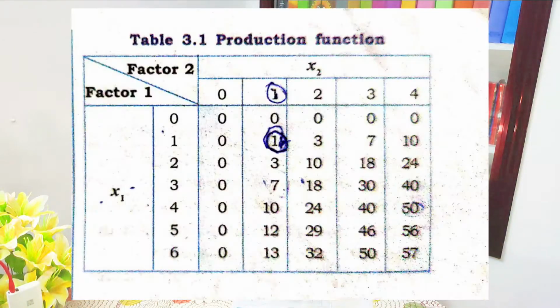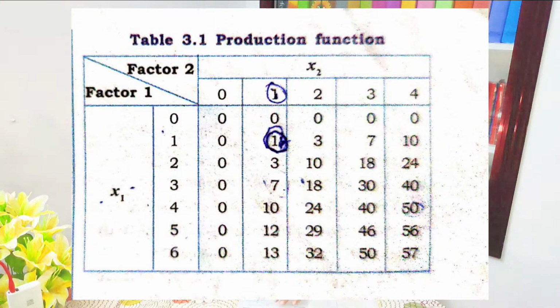Production function. There are 2 factors, factor 1 and factor 2. Factor 1 is denoted by x1 and factor 2 is denoted by x2. This table gives the various input combinations and quantities of output which can be produced using these inputs.